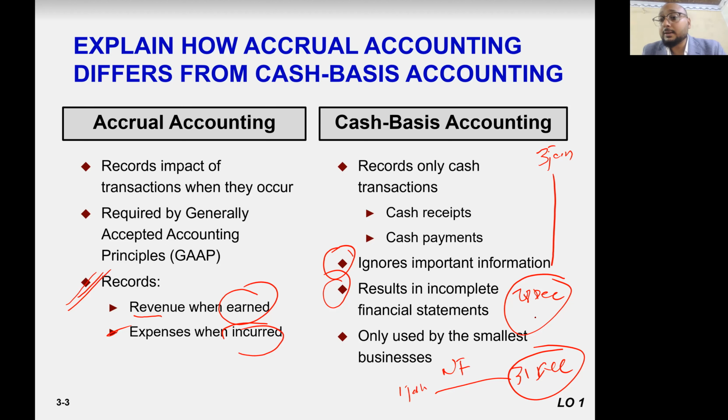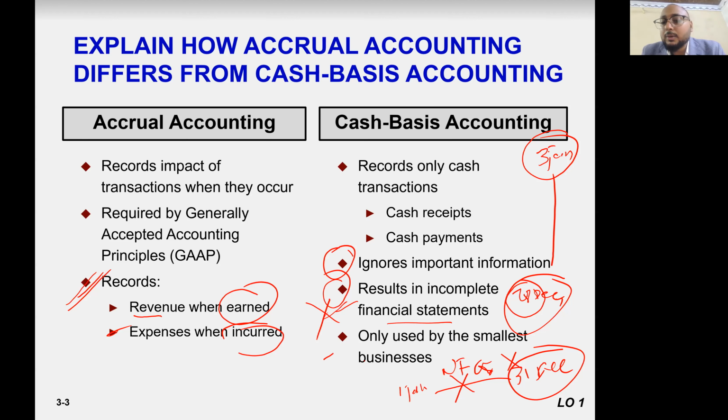Technically, the sale that occurred on 28th of December should be included in this financial statement. But because cash is not received, you won't record it. So the financial statements do not reflect the true figure during the year. Because 28th December belonged to this year, but cash was received next year, so it will be added to next year's sales, not this year's. Right? So this is the biggest disadvantage of using cash basis.